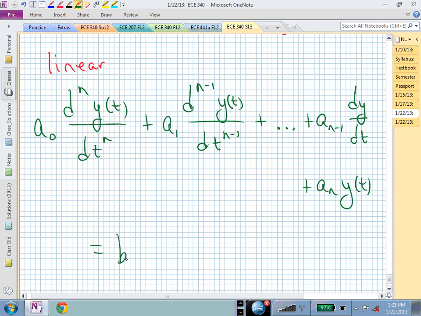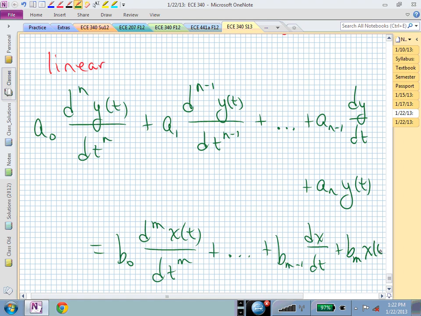I could have b sub 0, the mth derivative of x of t with respect to t, plus, and I could just keep going, the m minus 1 coefficient, dx dt, plus b sub m, x of t.